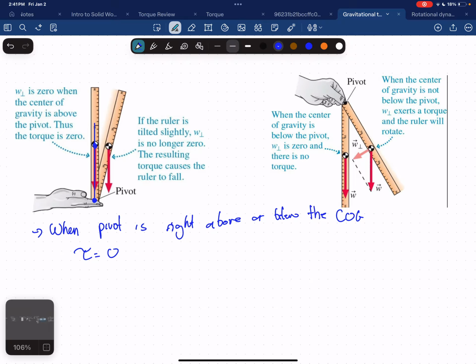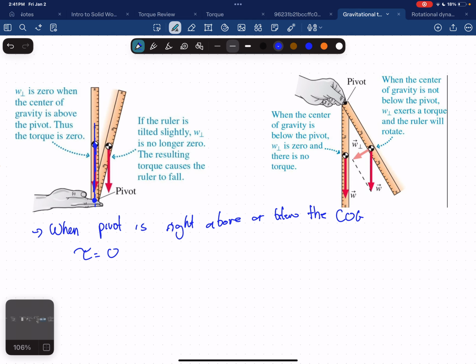So if we calculate even the perpendicular, the lever arm or the moment arm will also be 0, because you're right at the pivot, and to draw the lever arm, you need to draw from the pivot to the line of action, and in this case, our line of action is right through the pivot, so that's going to be 0. So yeah, basically that's why the torque is 0.